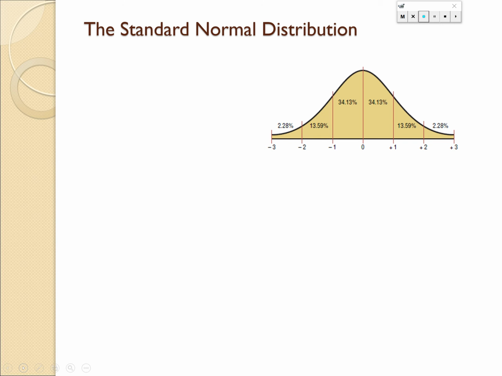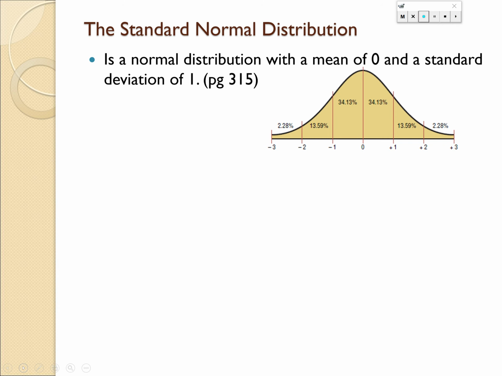Statisticians are like, hey, this kind of sucks. I don't want to have to do this for everyone. So can't we come up with a way that we can make something uniform for every variable that's normally distributed? And they came up with the standard normal distribution. So the standard normal distribution will work. We can apply this curve to any variable that is considered to be normally distributed. It will work.